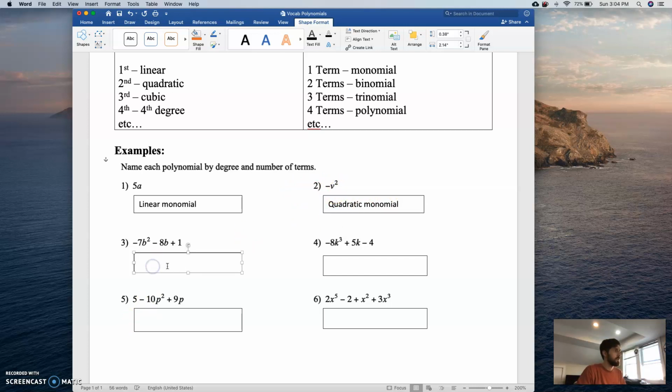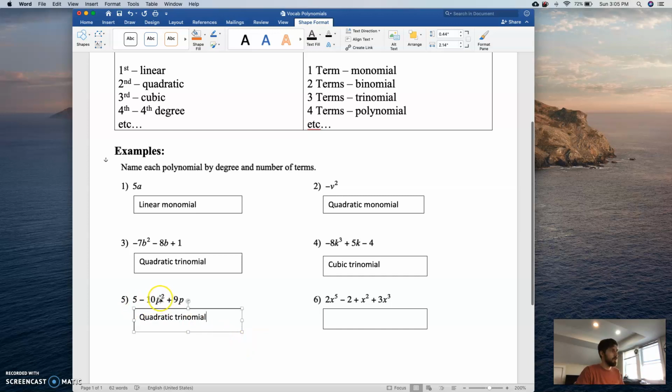Here, example number 3, the highest power is a squared, so that is quadratic, and that is a trinomial because there are 3 terms. For this one, that's cubic because the highest power is a 3, so cubic trinomial. And down here, quadratic trinomial.